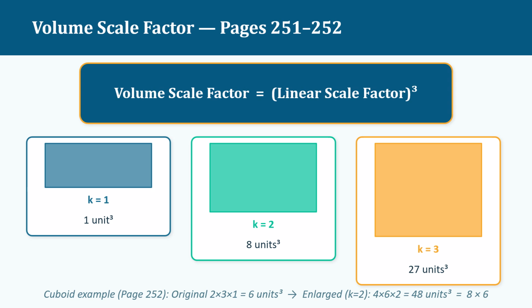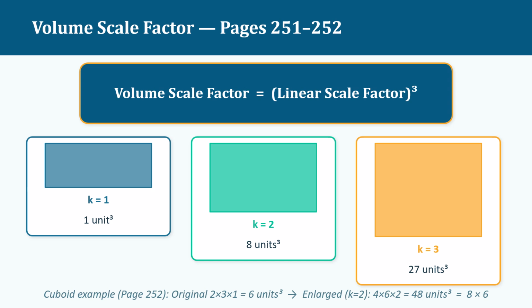The linear scale factor here is 2 over 1, which is 2. However, the volume ratio is going to be 8 over 1, since the volume of this new cube is 2 by 2 by 2, which is 2 cubed, which is 8.